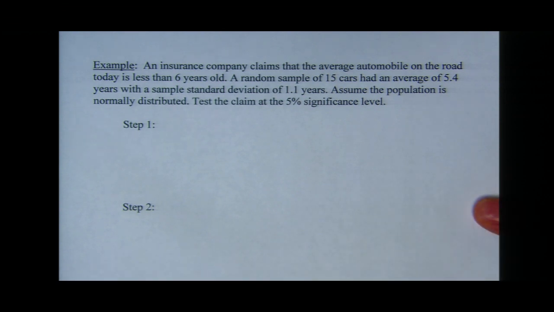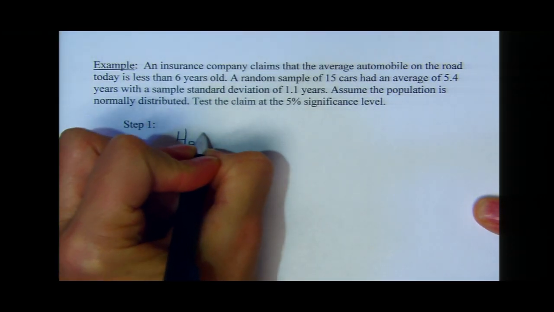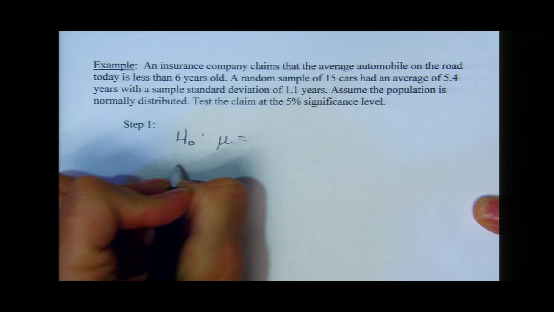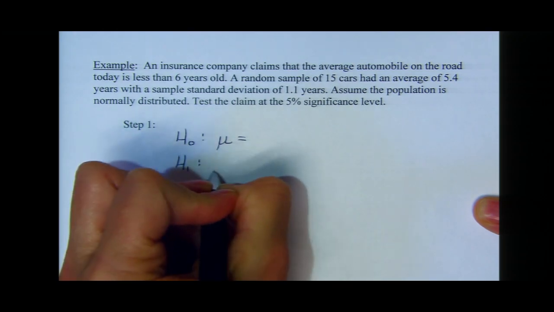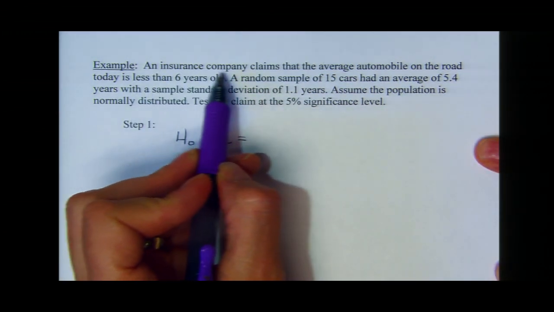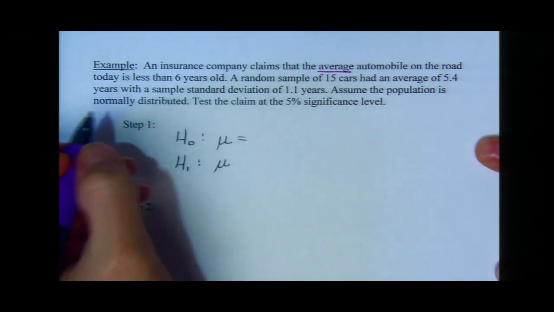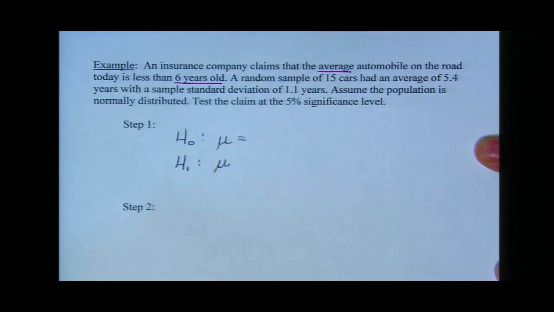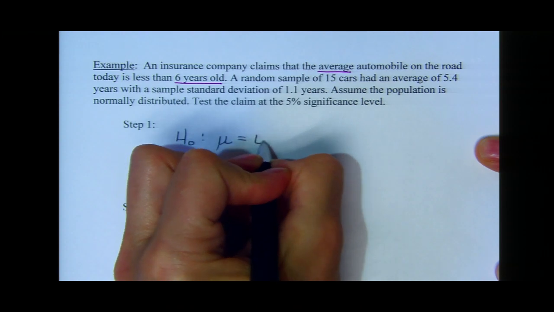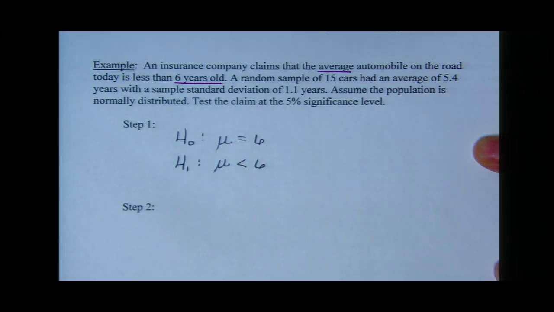Okay, so my hypotheses, I have my null, mu is equal, and I have my alternate, and I've got to look for what the average of the population is. It says an insurance company claims that the average automobile on the road today is less than 6 years old. So that tells me that this is 6 and that the alternate is less than 6.